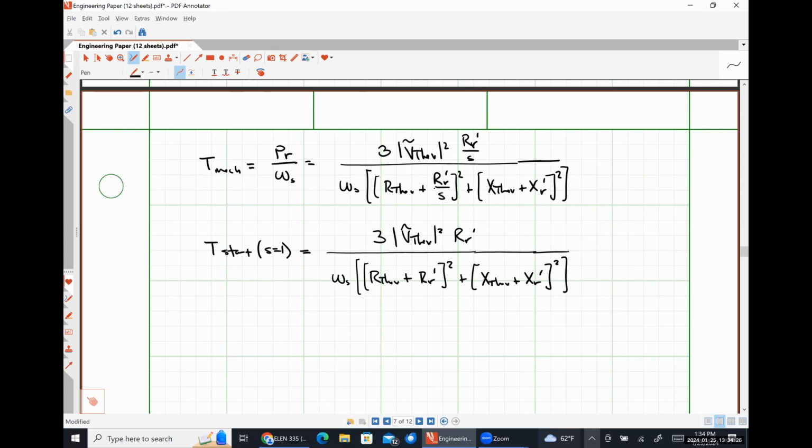So our mechanical torque during operation is always going to be much, much larger than our starting torque. And these two relationships explicitly tell us why that is. Okay. Now, let's figure out what our maximum developed torque is.